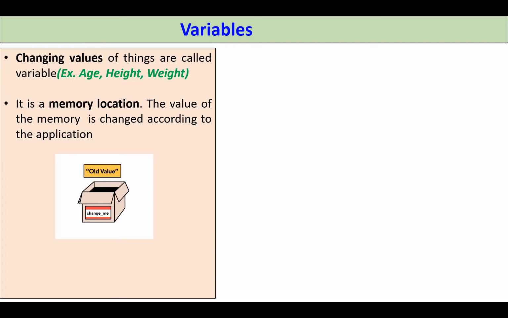This box, compared with the computer, is considered the memory. New values are stored in the memory location. It is always changing. The value is changing, therefore it's called a variable.